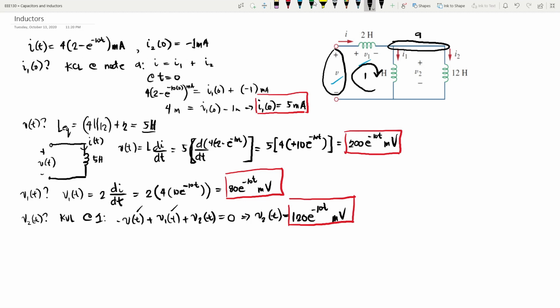So next, solve for the expression of I1 of t. So how do we get the value of I1 of t?